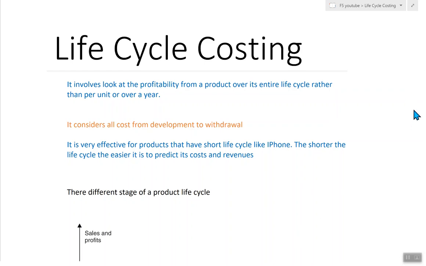Those companies that regularly develop products rather than having just one product, like Apple or Samsung, they regularly develop mobile phones, for example. So they could use life cycle costing for their products.